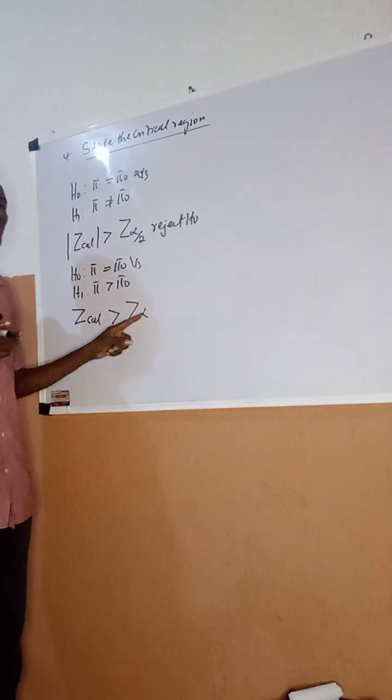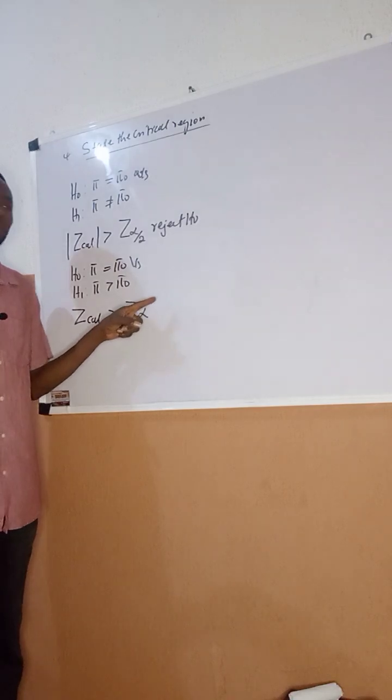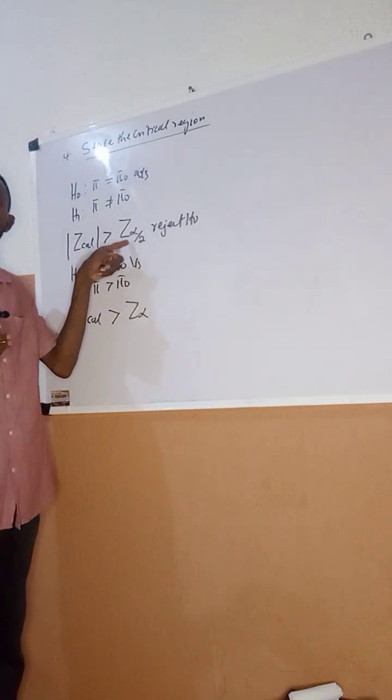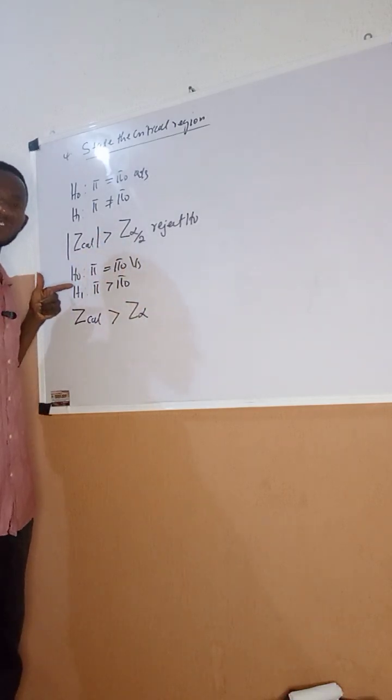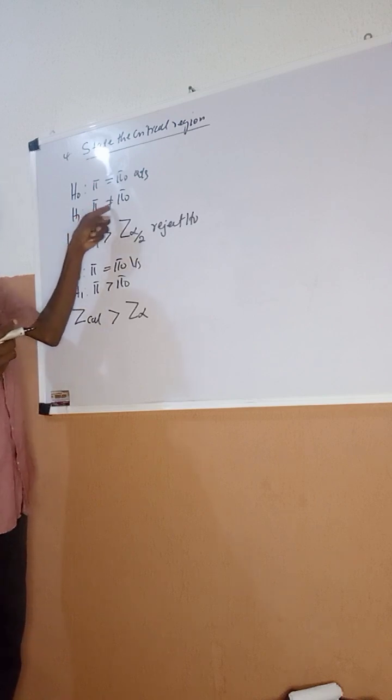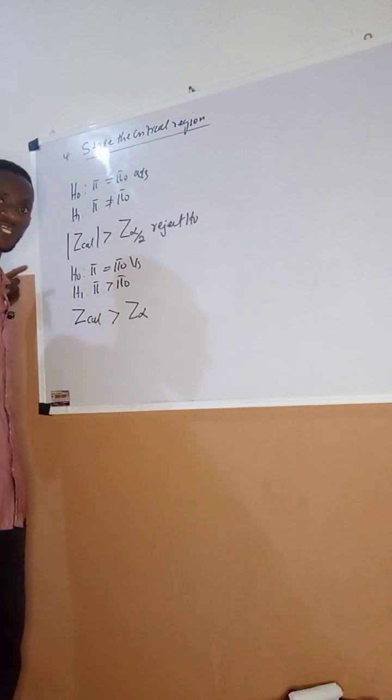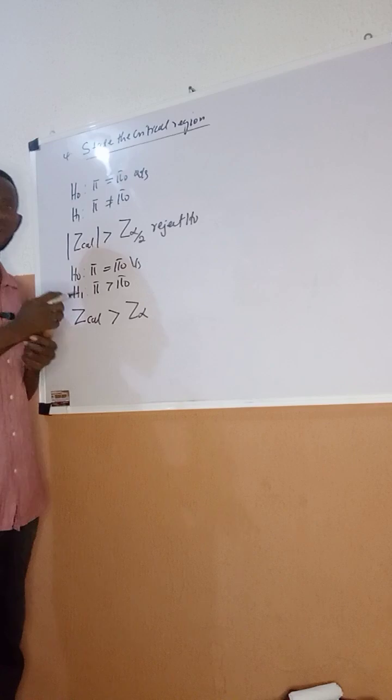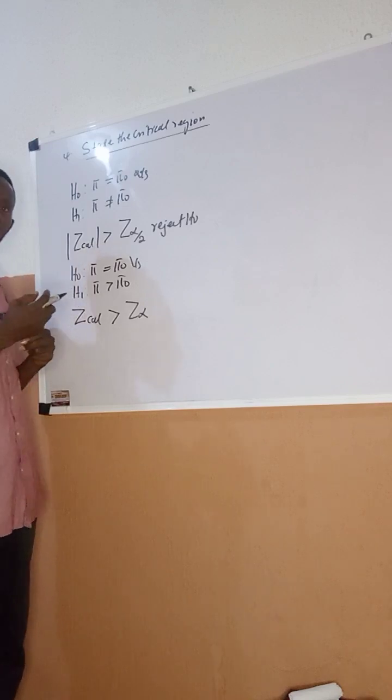In this case, alpha is not divided by 2 because it is one-tailed. Here, we are distributing the critical region in two sides, because the critical region of a two-tailed test exists in both directions. We are going to give a little illustration about that.